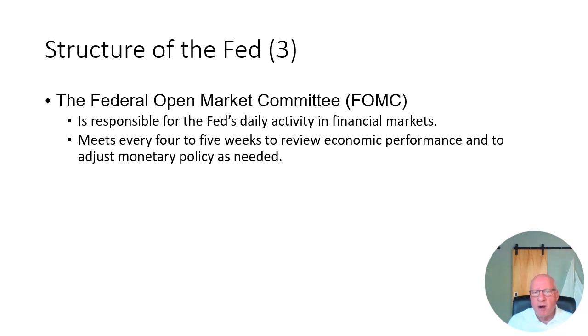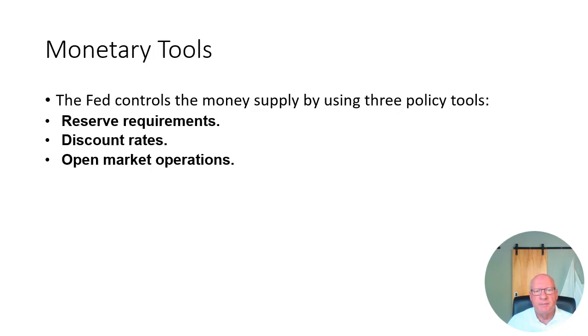So the Federal Open Market Committee would be either borrowing money or lending money on a daily basis to try to influence the total amount of money supply. Now, as a committee, they meet every 4 to 5 weeks to get their direction, and the members, as I've already pointed out, are the 7 members of the Federal Reserve Board, plus 5 of the 12 regional bank presidents who are on a rotating basis.